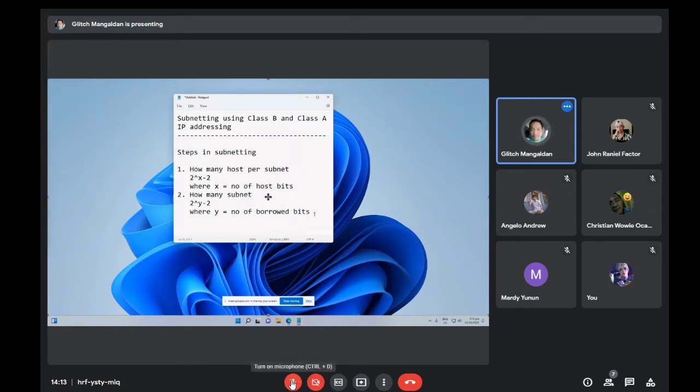Number 3, what is the interval? Formula natin dyan is 256 minus the new subnet mask.